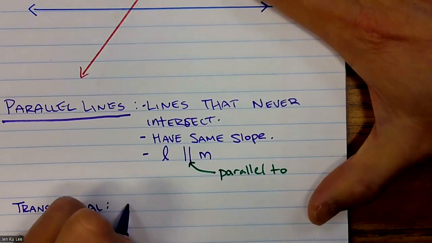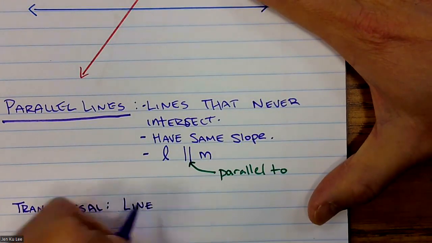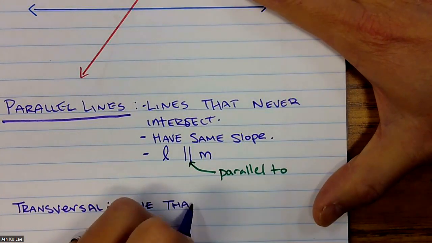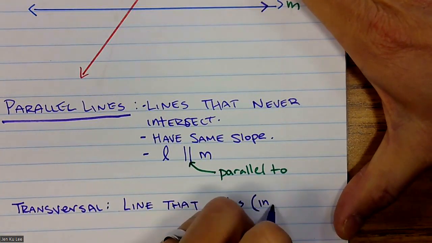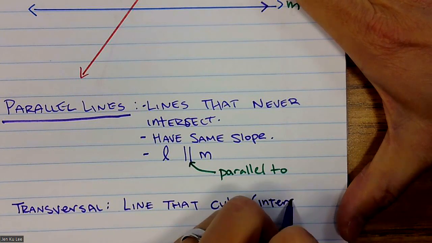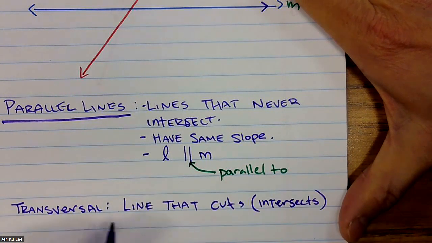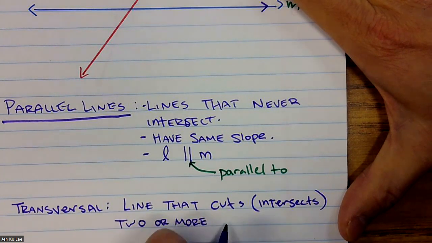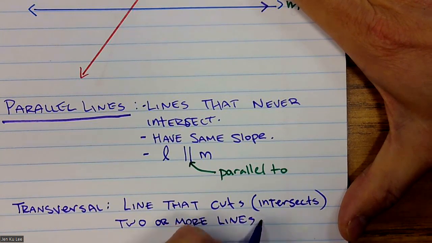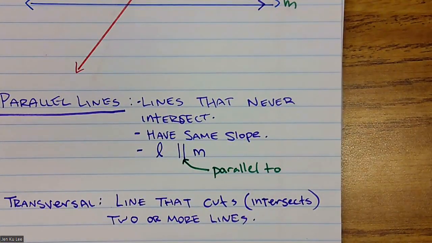It's a line that cuts. Cuts just means intersects. Two or more lines. Okay? It's a line that just cuts two or more lines.